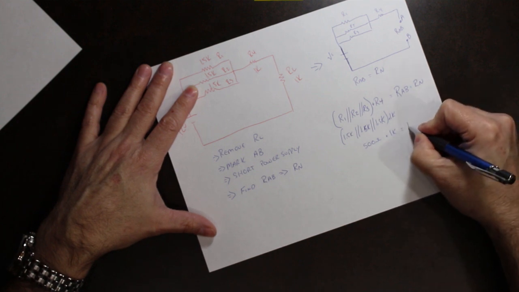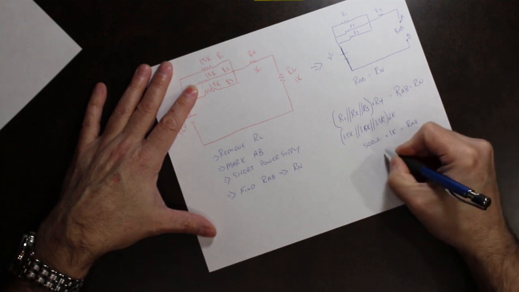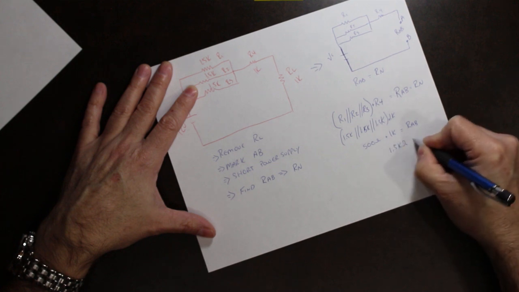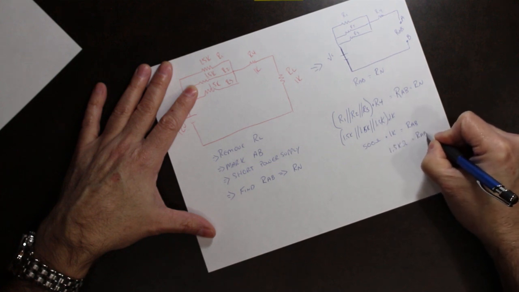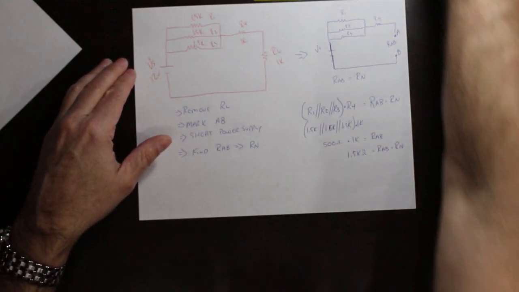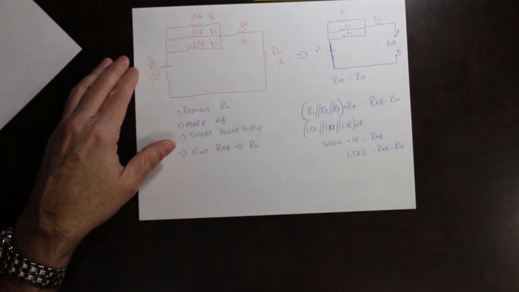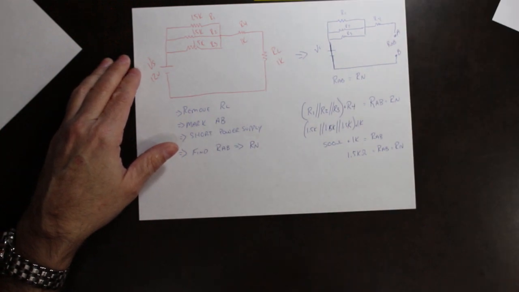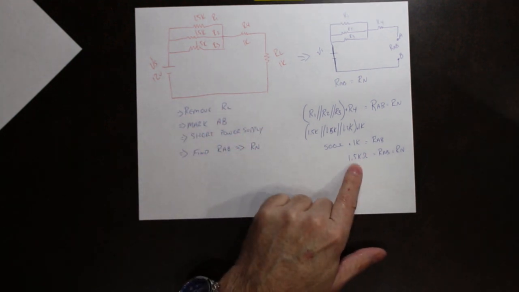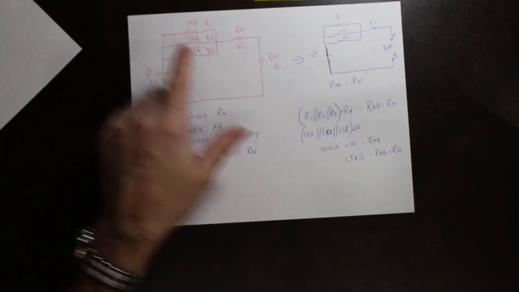So therefore, RAB is equal to 1.5 kilo ohms, and that is our Norton resistance. We follow that procedure, and we come up with 1.5k for this example.